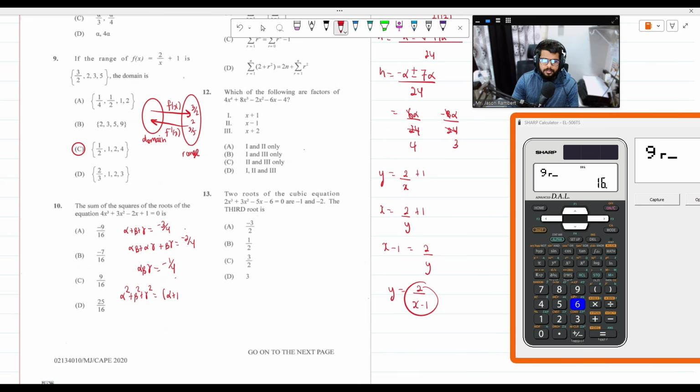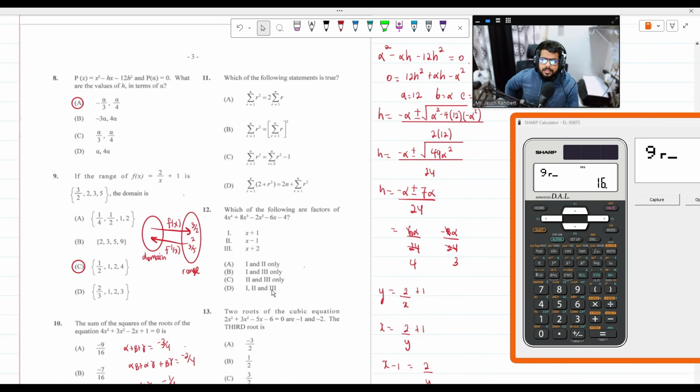This is alpha plus beta plus gamma all squared minus 2 into alpha beta plus alpha gamma plus beta gamma. This is minus 3/4 all squared minus 2 into minus a half. Minus 3/4 all squared is 9 on 16. 9 on 16 plus 1, that is 9 on 16 plus 16 on 16, which is 25 on 16. The answer is D.